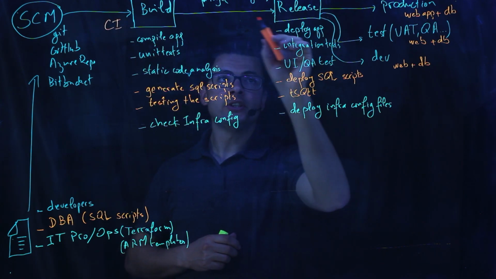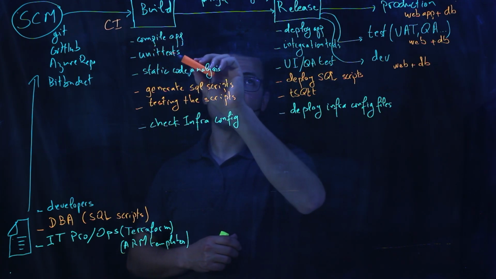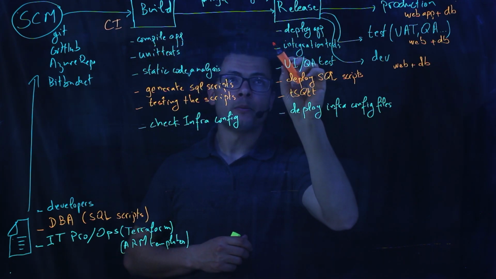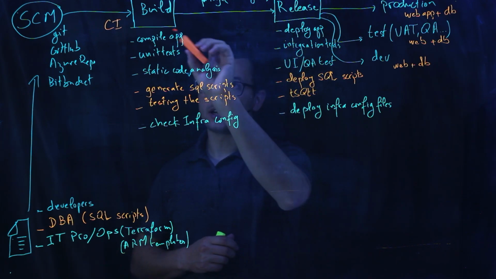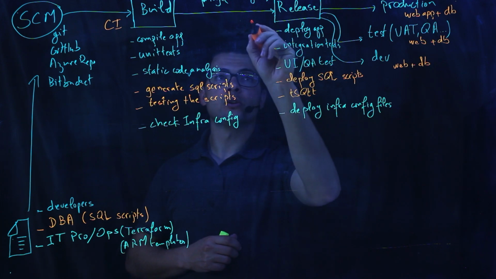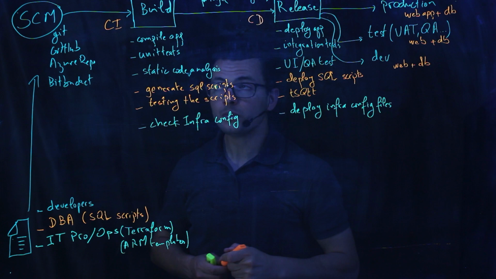And if each time a new CI pipeline runs, I want to run the release pipeline just after that, then it will be called the CD pipeline, for continuous deployment.